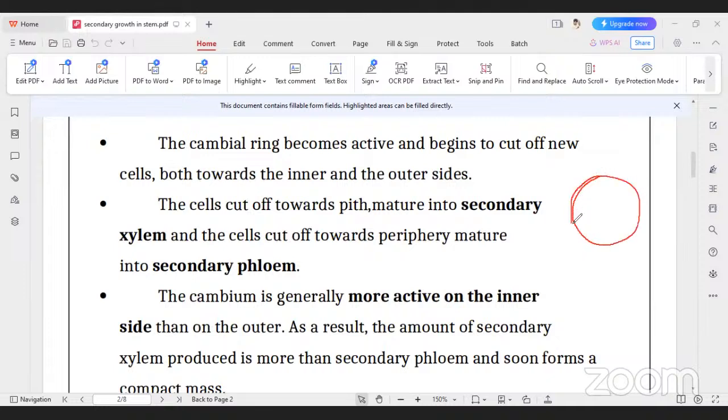This is the cambial ring. The cut off new cells, inner side some cells, this side, outer sides, let's change color, outer sides also formation takes place.